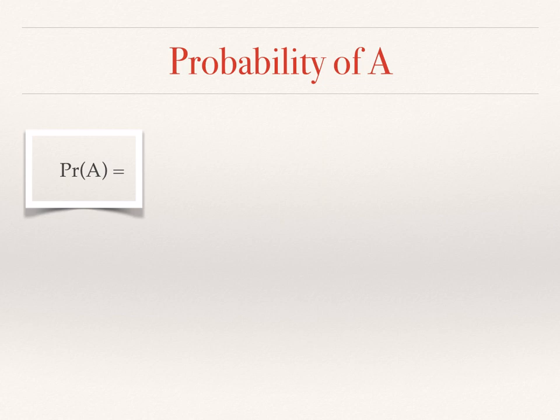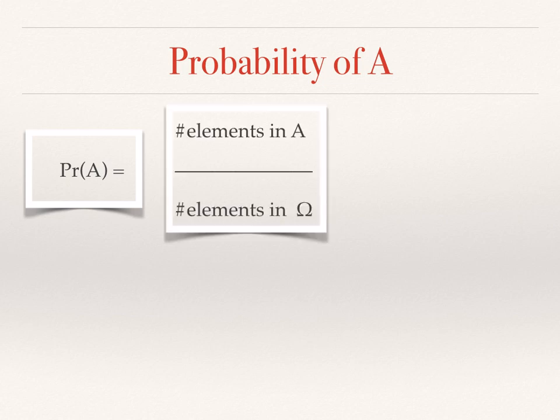In terms of sets, one way to think of the probability of A is as a ratio between the number of elements in A divided by the number of elements in Omega. Omega, the Greek letter omega, represents your sample space, the set that contains all the possible outcomes.